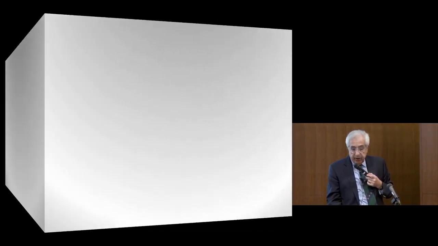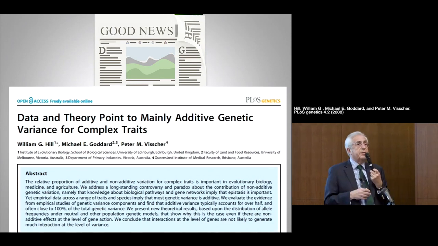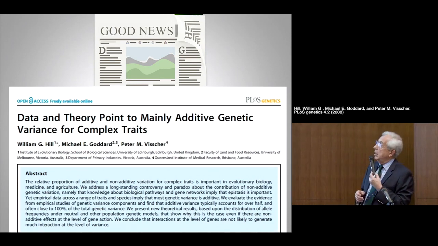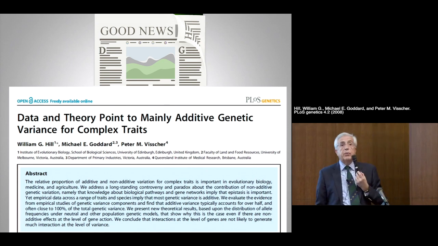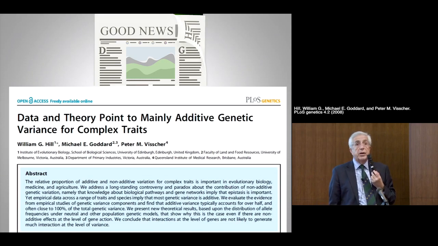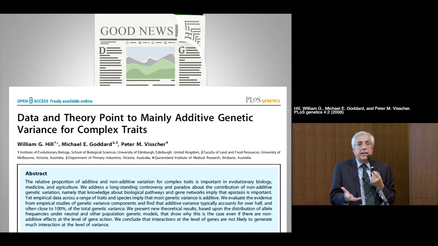Now, this problem of why interaction doesn't show up statistically was investigated in a paper by William Hill, and they found that even for epistatic systems, most of the variance turns out to be additive. So in a sense, these important interactions from a biological point of view are hiding.